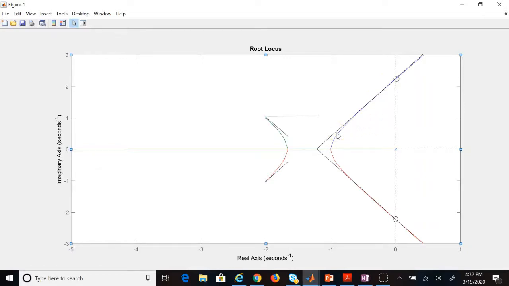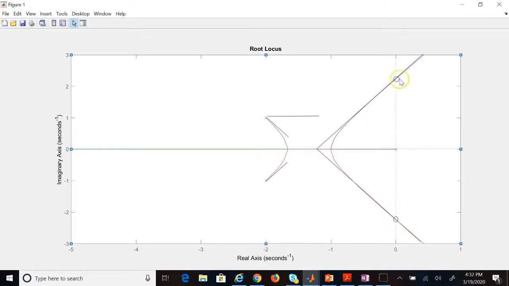So your system is what? Yes, stable. But if K is bigger than that number all the way to infinity, then your poles now move to what? To the right-hand side of the imaginary axis. So now the system becomes unstable. So here is the threshold between stability and instability, right? So K at that point does matter, and the location of that point, when we find it, based on that, we can also find what?